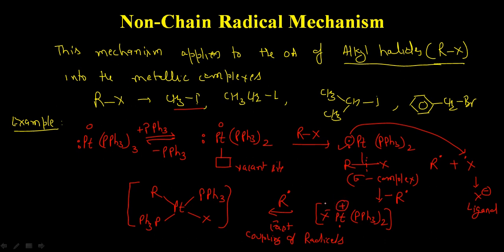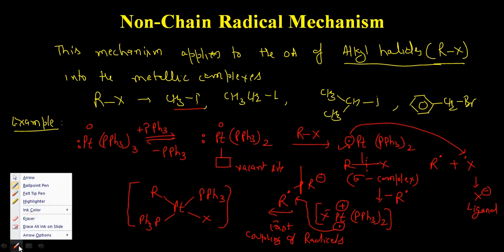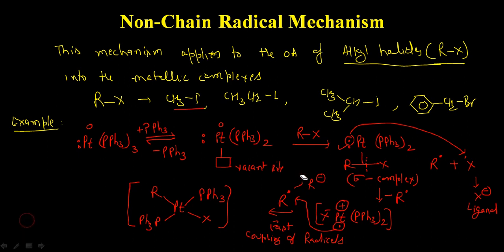At this situation it can donate its one electron to the R radical, and the R radical will be transformed into R negative. This is one way; the second way is that the R radical will couple with this unpaired electron, giving the final product.